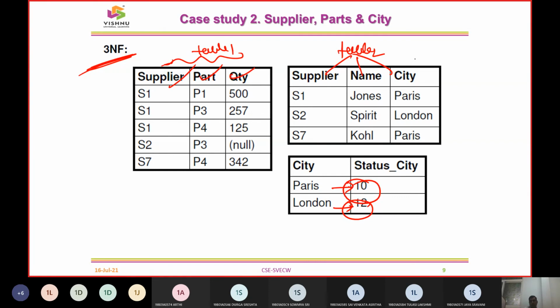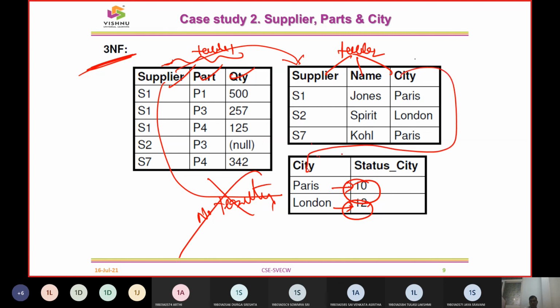So in the third normal form, we are going to see that no transitivity is going to happen. So supplier, part and quantity: I can link supplier to supplier. But how can I take city to supplier, or supplier to status city? It is wrong. Now again, city to city, this is a right relation.